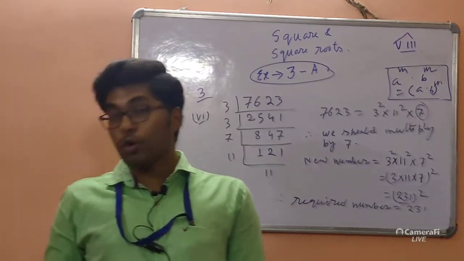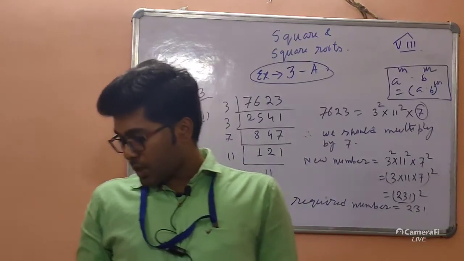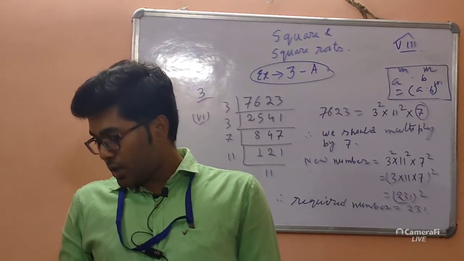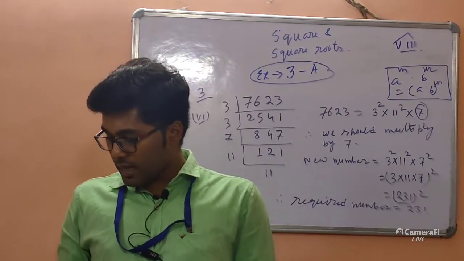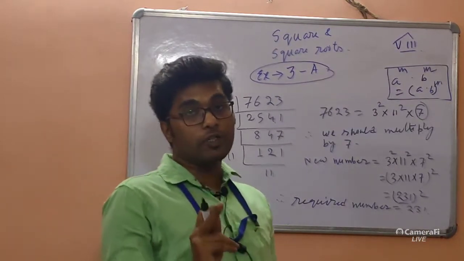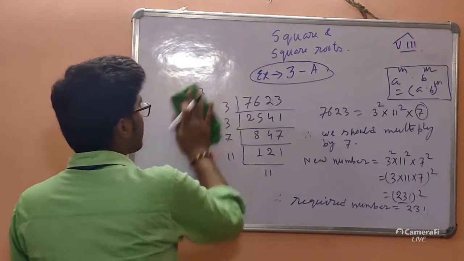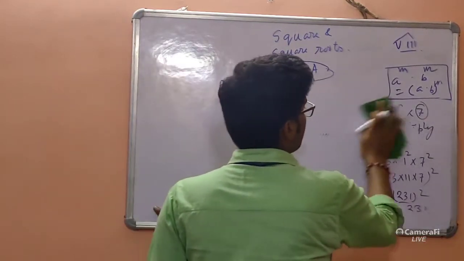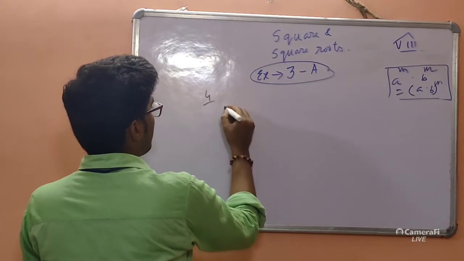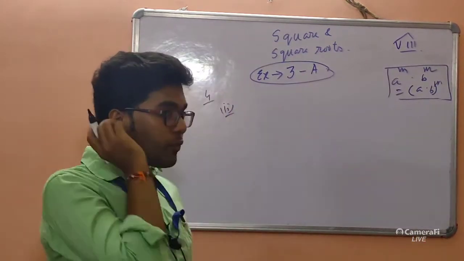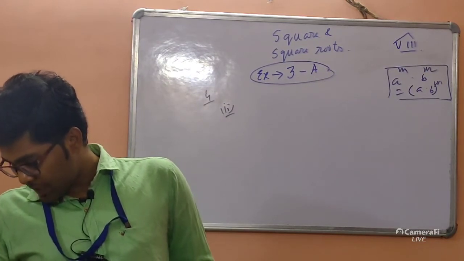Now let us do question number 4. Question number 4 says, by what least number should the given number be divided to get a perfect square number? In each case find the number whose square is the new number. So similarly first we will factorize. Let us do 4, part 2. 9075.